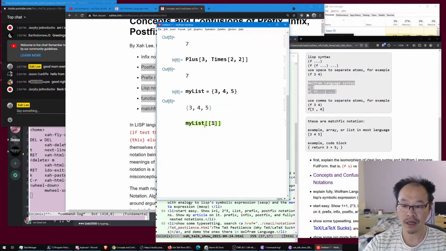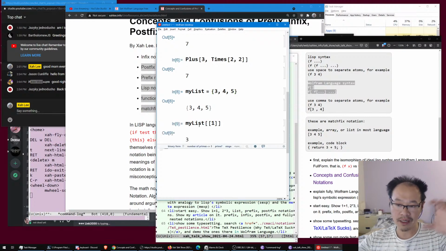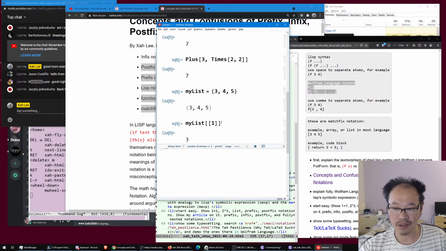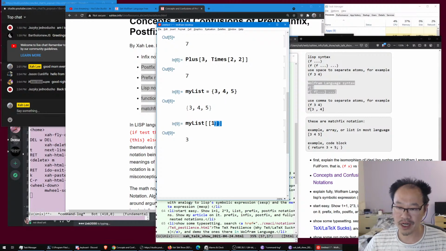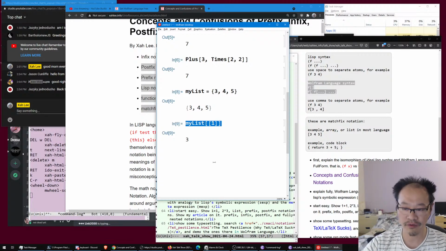Okay, so how do you take the first element of a list? You do it this way. You see, myList[[1]], just like Python or Ruby, similar to many others, except you use 2 square brackets. Now, you might ask again, wait a minute, this is not fully nested brackets. What's going on? They are also syntax sugars. So let me show you the full form, okay?